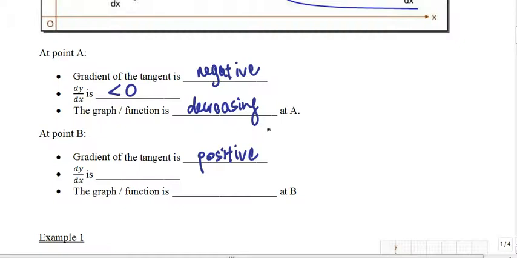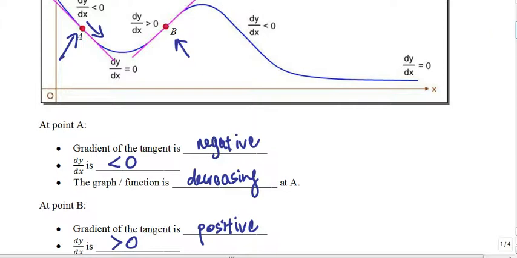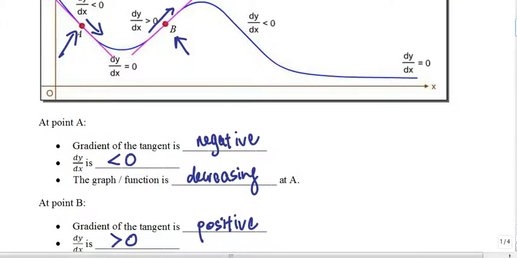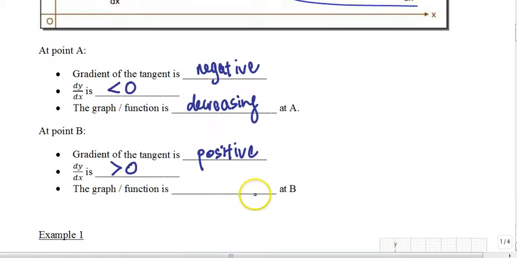So if the gradient of the tangent is positive, dy over dx must be more than 0. Now if you look at the point B here, you find that generally the graph is going upwards, as shown by the direction of the tangent. So we can also say that at B, the graph is actually, sorry, not decreasing because it's upward sloping, it is increasing.